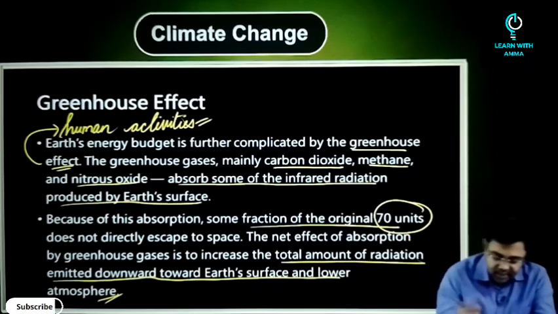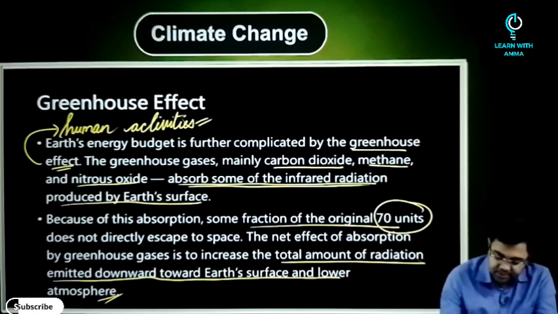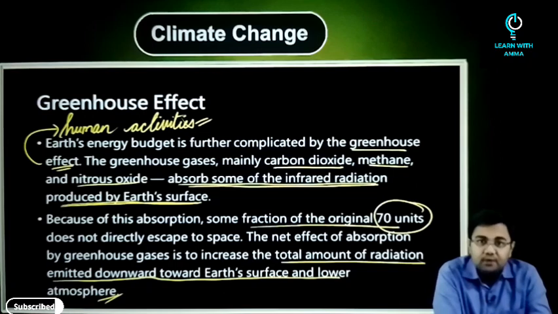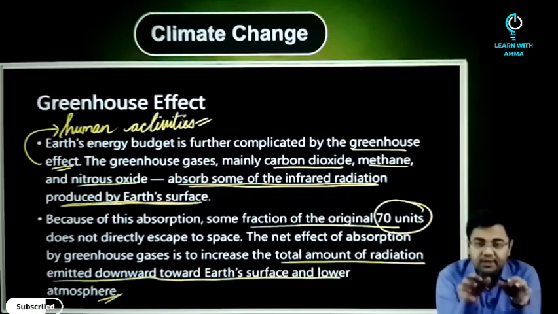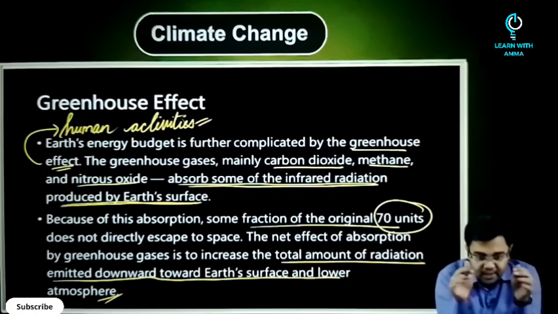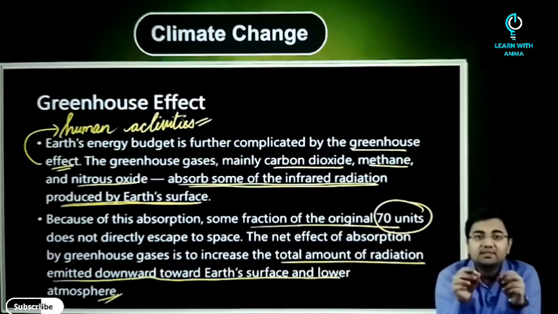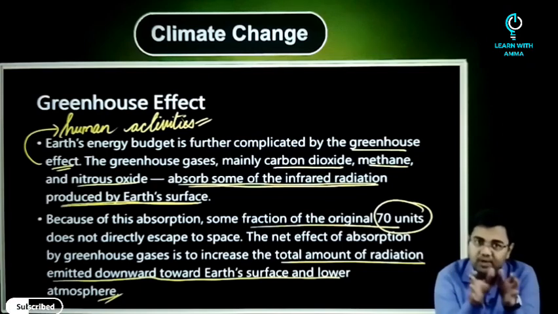What is this property? The property is that they absorb some of the infrared radiations produced by the Earth's surface. Now, when they do that, with this absorption, obviously the amount of heat that is trapped in the earth, or you can say at the surface of the earth or the lower atmosphere of the earth, is increasing. So it is more heated than it would normally be.